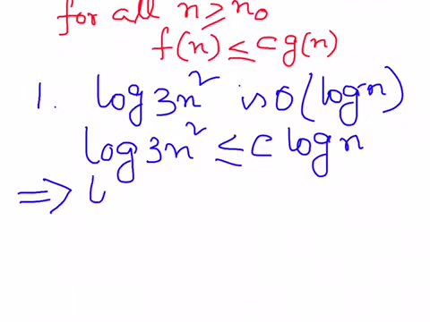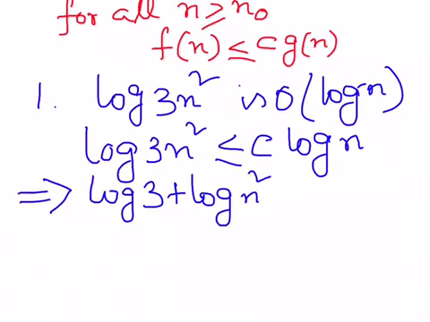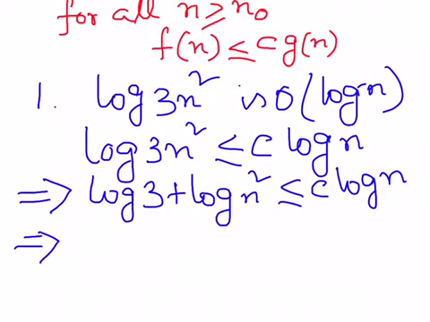So we can write this as log of 3 plus log of n square, because 3 times n square was the original argument. We have to show this is less than or equal to c log of n. This implies that we can take out the log of 3 from both sides, because in an inequality we can subtract the same thing from both sides and the inequality still holds.